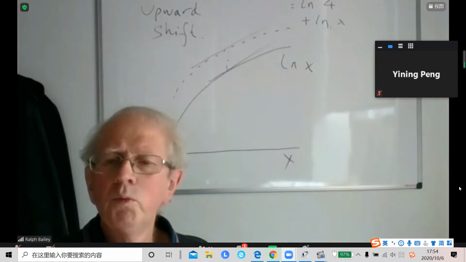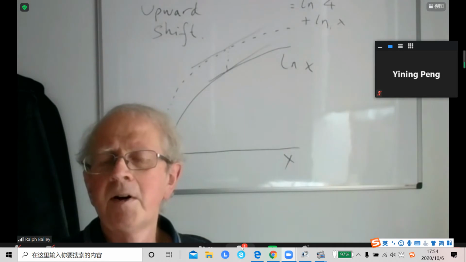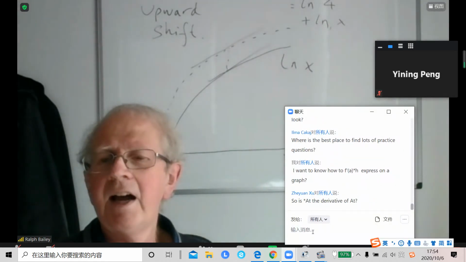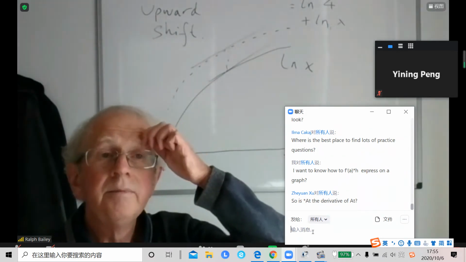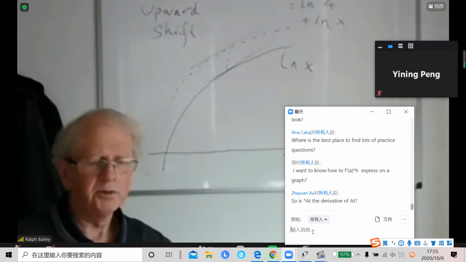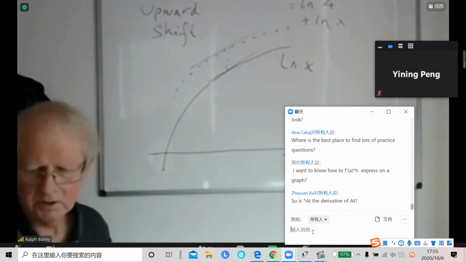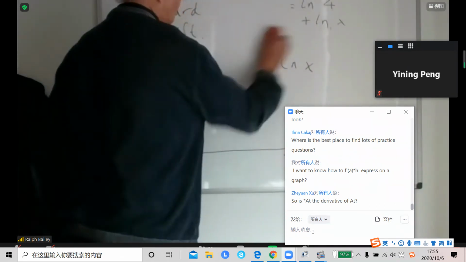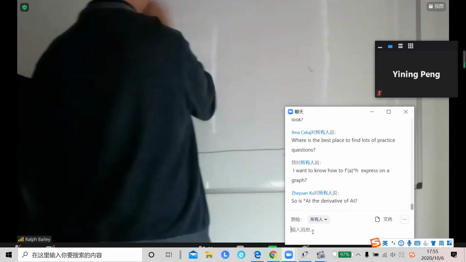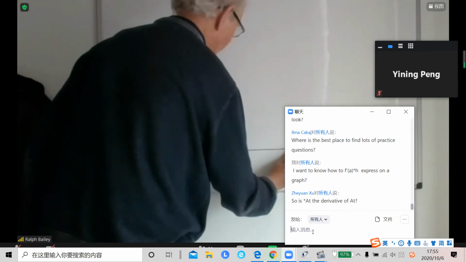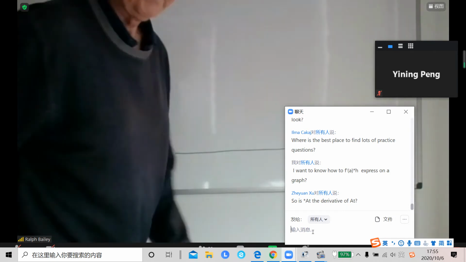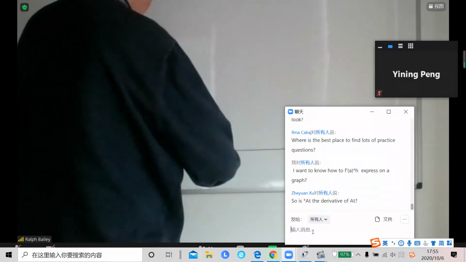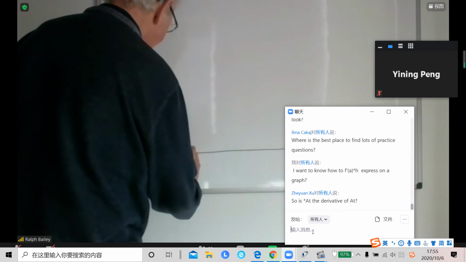Yining, you want to know how to express f prime of a times h on a graph. Right, let's see if I can do that. Using this, I'll put it up here again. So along here we have x.